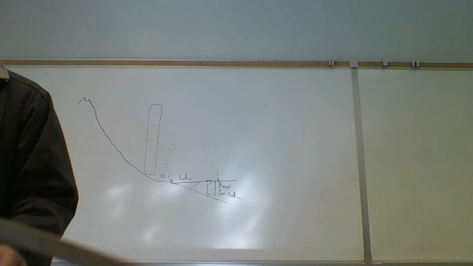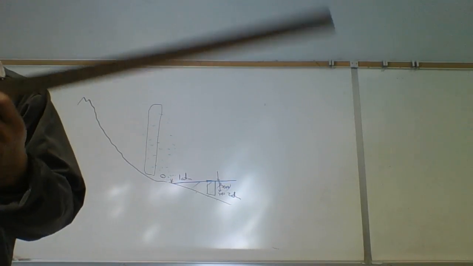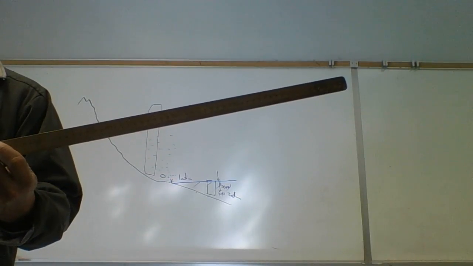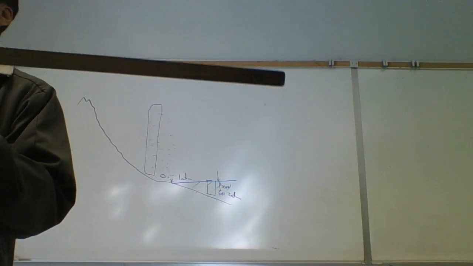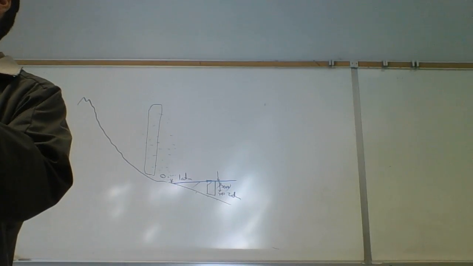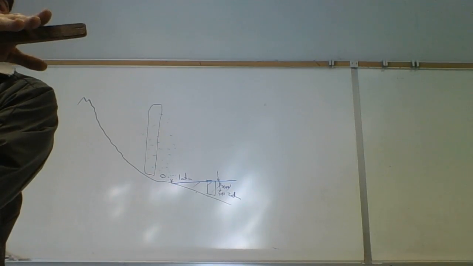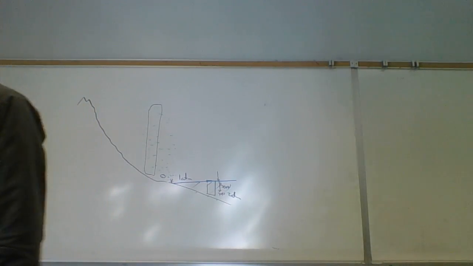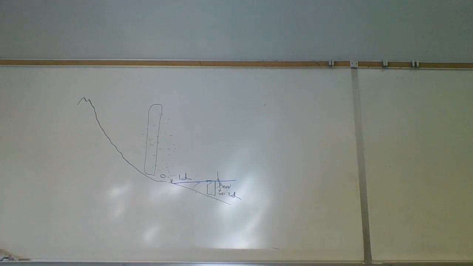If I set a triple beam balance on the countertop, can I weigh the air, 14.7 pounds? Why not? Well, because it'd be pressing 14.7 pounds here, and it'd be pressing 14.7 pounds here. But it's a gas, so it's tricky to do that.